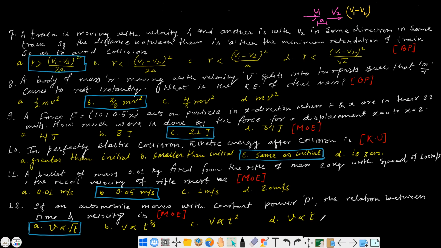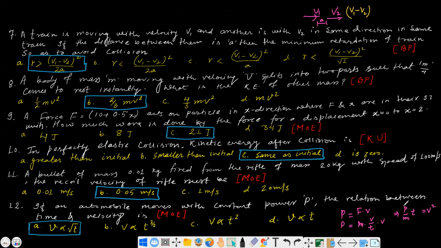Power is given, velocity is given, and time is given. In this kind of question we use a trick. We know power equals force times velocity. Force means simply mass times acceleration, v by t is your acceleration and again v here. So from here, p by m times t equals v square.